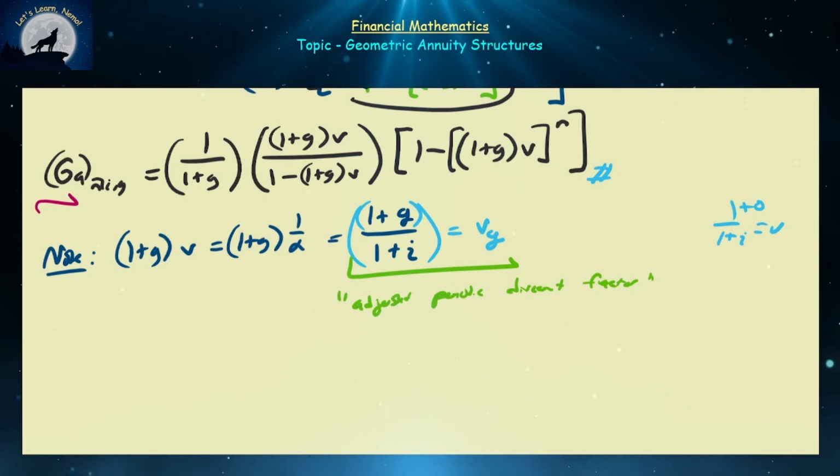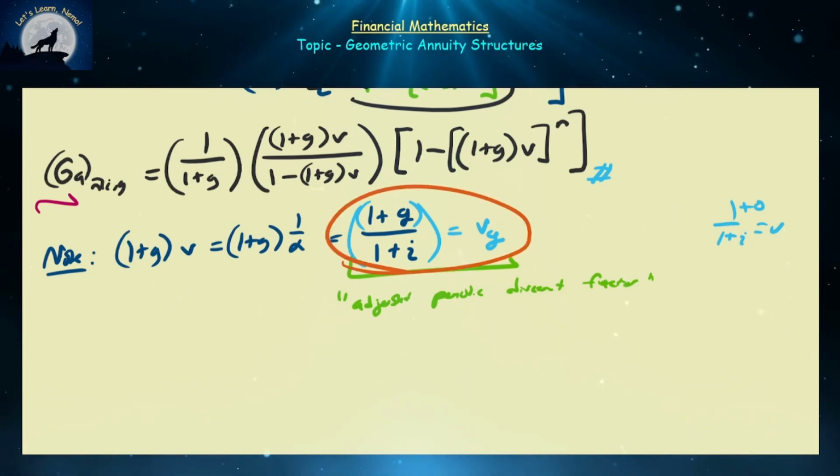So it's trying to combine both how i increases and g increases simultaneously. So we have our adjusted periodic discount factor that's adjusted with respect to our geometric growth rate, g, right? And that's what (1 plus g) times nu is.